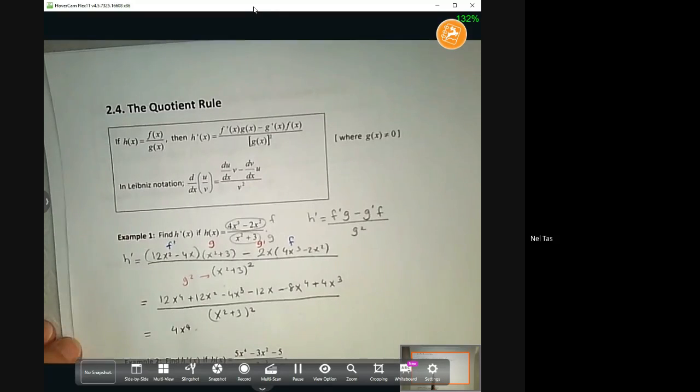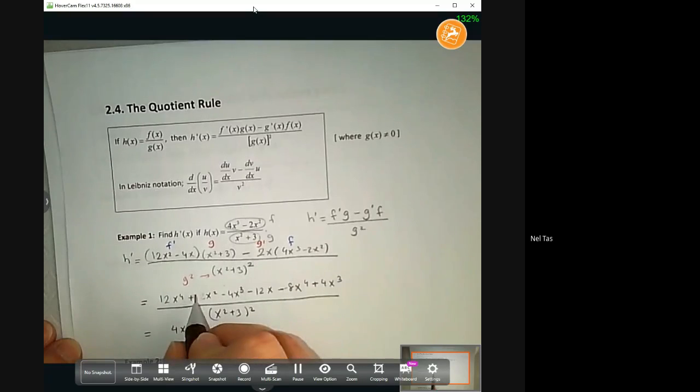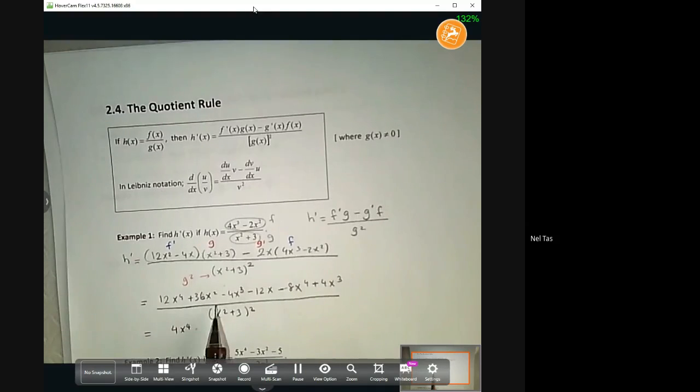Yeah, that's supposed to be 36, right? 36. There we go. The x cubes are gone, so 36x squared, and we have minus 12x over x squared plus 3 squared.